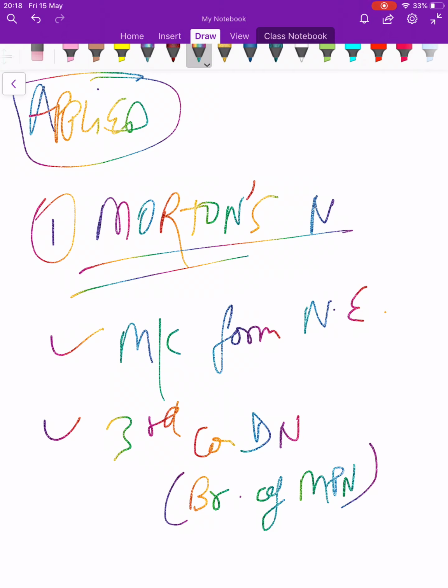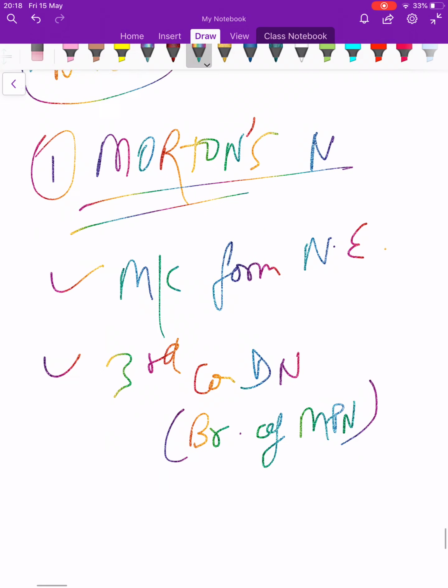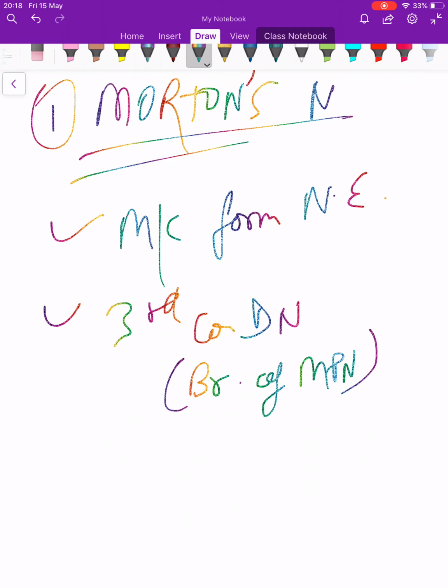So there will be pain in the third web space. This is called Morton's neuroma.